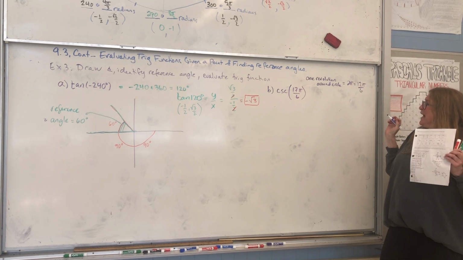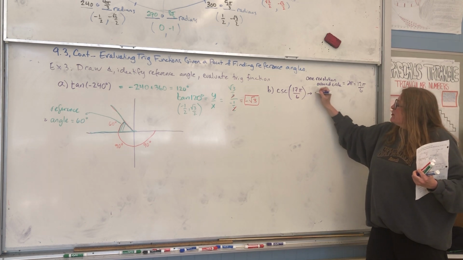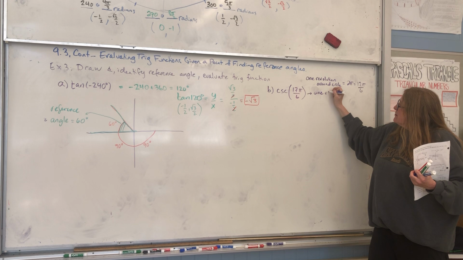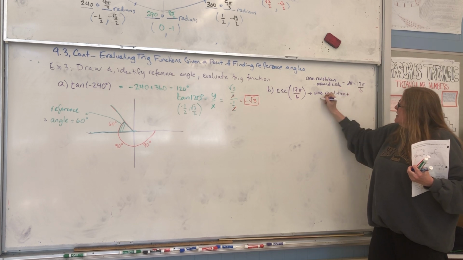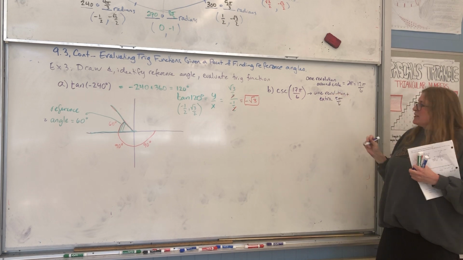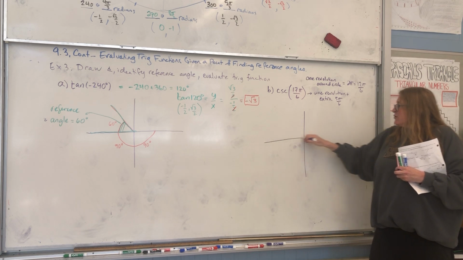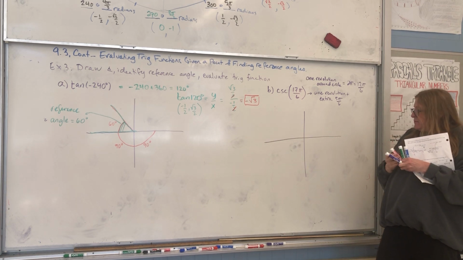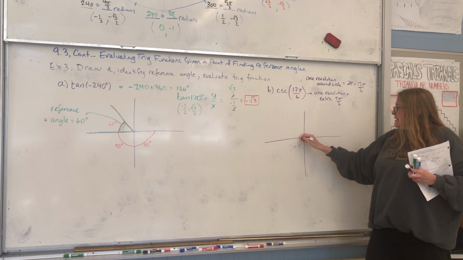So what we have to do is go 1 revolution around, plus an extra 5 pi over 6. That's how we're going to draw our angle. So let's do it. We're going to go around the circle a whole time, and those of you who've turned the homework in, I've seen you do this very nicely.